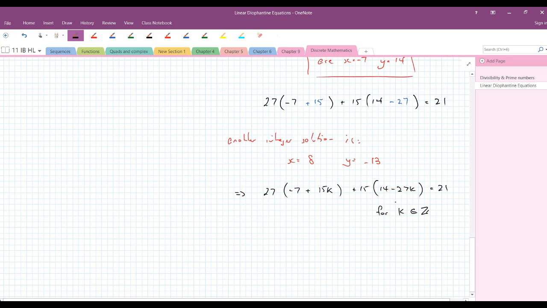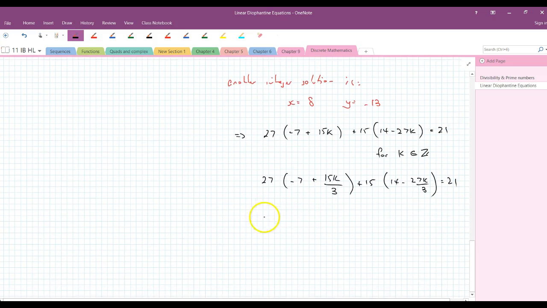However, to keep them as small as possible, we can divide this 15k here by the greatest common divisor 3, and minus 27k divided by the greatest common divisor 3, that's still equal to 21. So our general solution is x equals minus 7 plus 15 divided by 3, which is 5k, and y equals 14 minus 27 over 3, which is 9k.